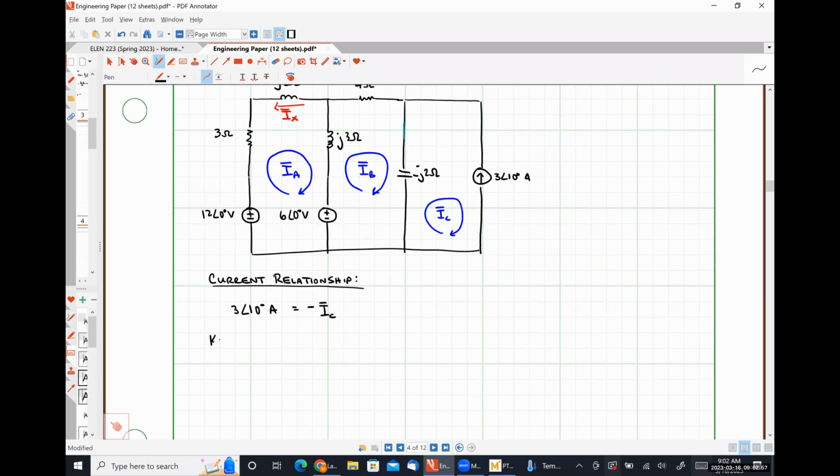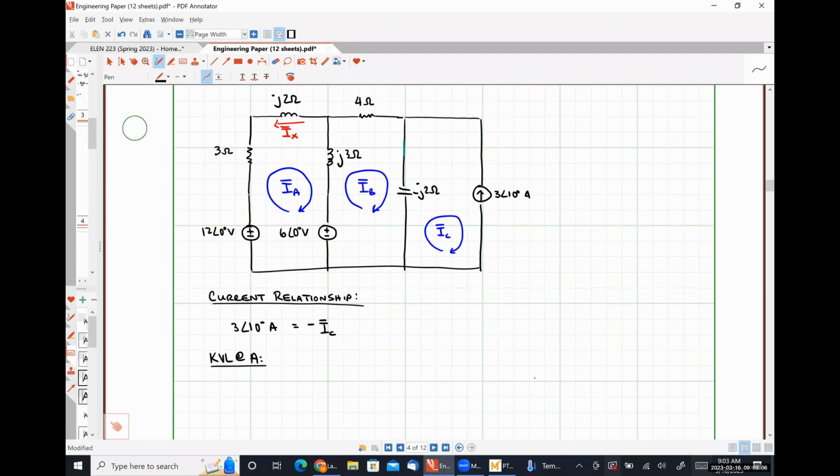So let's do KVL around mesh A. Somebody tell me what my Kirchhoff's voltage law equation should look like here. And I choose to start at the bottom left-hand corner of my meshes, just for sake of argument.